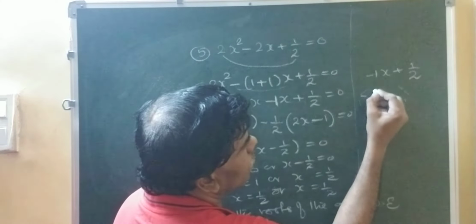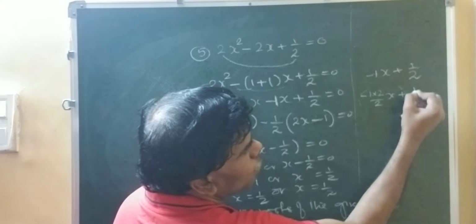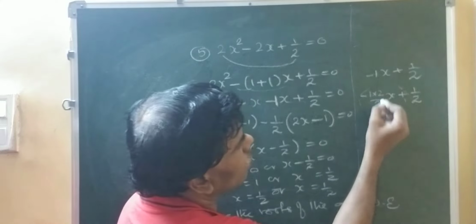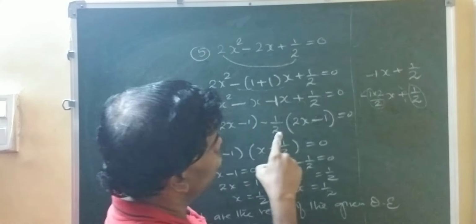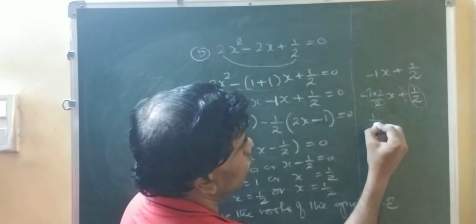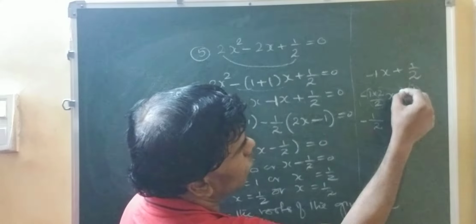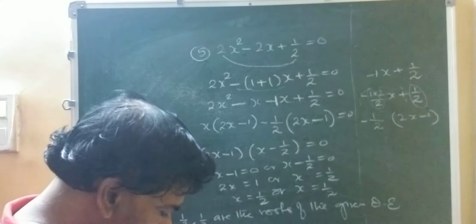That means minus 1 into 2 upon 2 into x plus 1 upon 2. Right? Now I am taking this 1 upon 2 outside. See here. So 1 upon 2 minus 1 upon 2 I am taking. So what will happen? 2x minus 1. That is how we got that step.